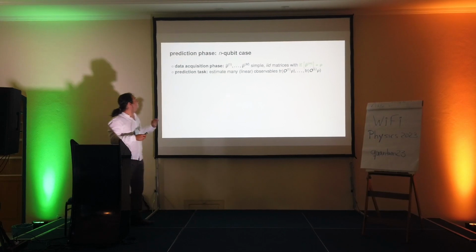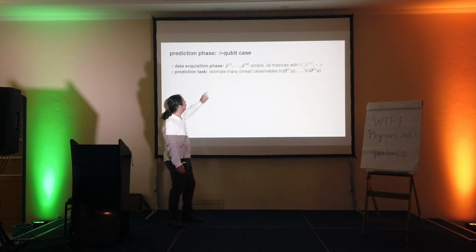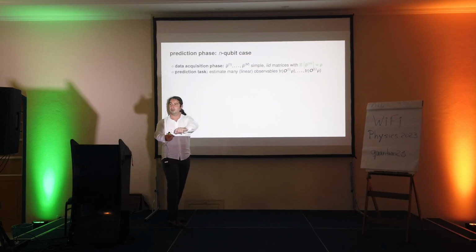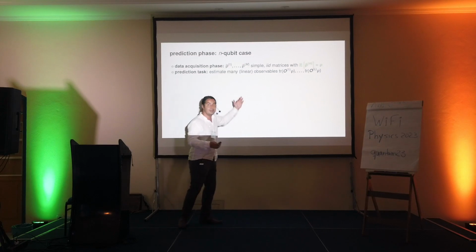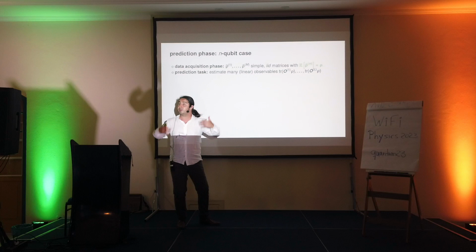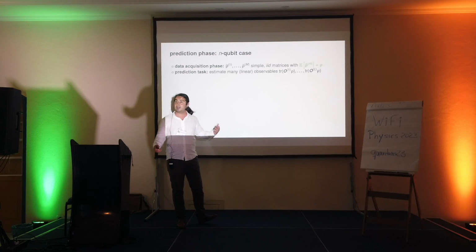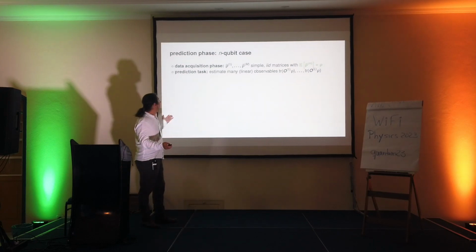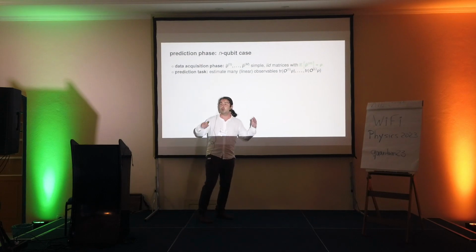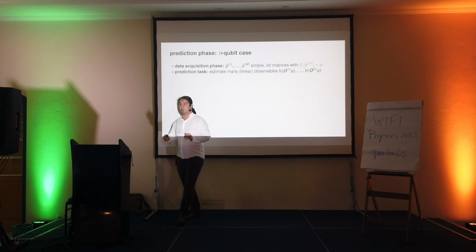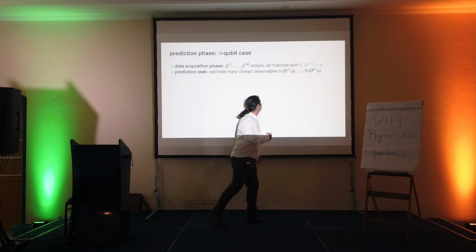But here, I now have to tell you how to make predictions. In the data acquisition phase, and we had a great discussion about that, we prepare these unphysical tensor products that are Monte Carlo approximations in the sense that they are simple, IID, so they are all independent from each other because they come from different experiments, and they approximate the true density matrix, whatever it is, in expectation. Now, today I want to focus on the task of predicting linear functions, linear observables. We will do polynomials on Friday. You can also do it. Today it's linear observables, tracing a product with observables.